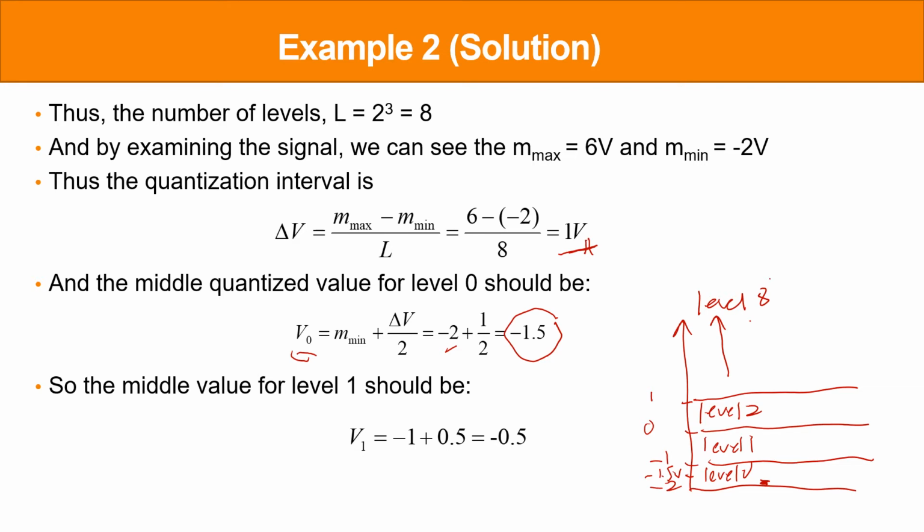M minimum is negative 1 plus delta V divided by 2, 0.5, so for level 1 the middle value is negative 0.5 volt. Try this one until level 8.